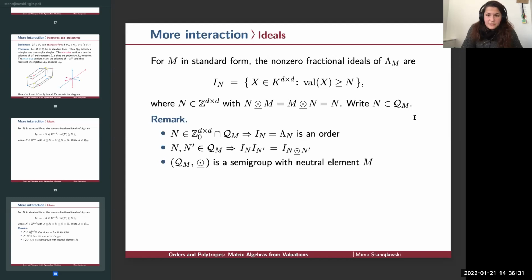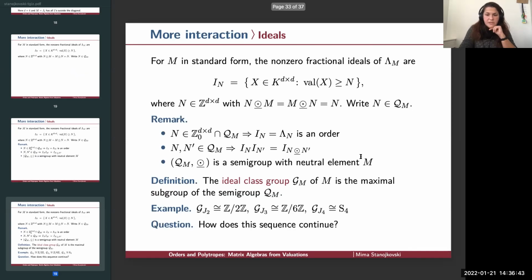And if you look at QM with the min product, this has the structure of a semi-group where the neutral element is M. And now you can ask, is this a group always? Well, it is not, but it will contain a biggest subgroup in there.